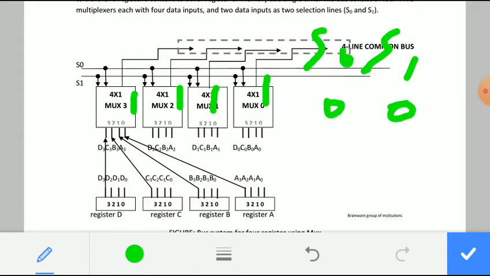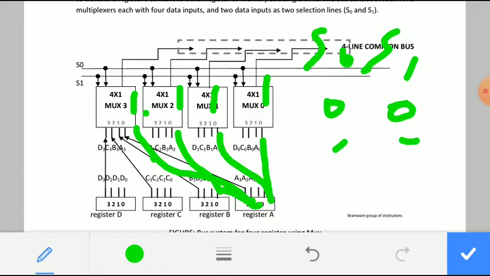That means the 0 number pin of MUX 0 is connected to A0, the 0 number pin of MUX 1 is connected to A1, the 0 number pin of MUX 2 is connected to A2, and the 0 number pin of MUX 3 is connected to A3. So when it is 0 0, all the 0 pins will be selected, and these four multiplexers can forward the values A0, A1, A2, A3.